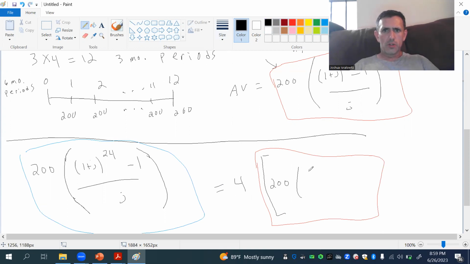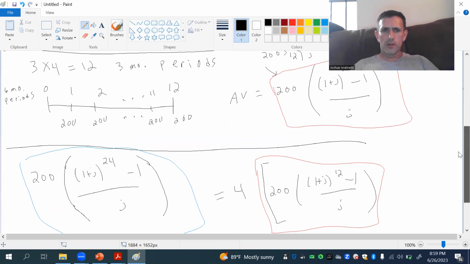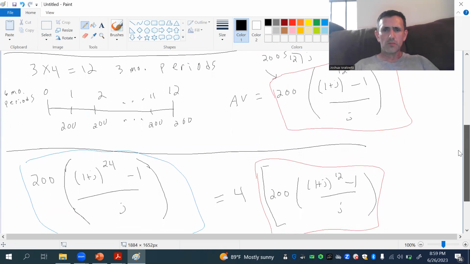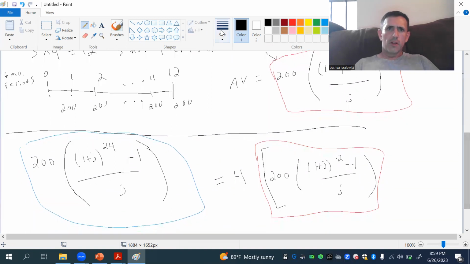It's 200 times 1 plus j to 12 minus 1 over j. So what you can do immediately, let me get rid of this blue here. I'll get rid of the red, and I'll multiply the 4 by 200.